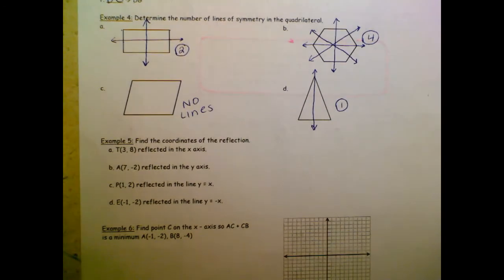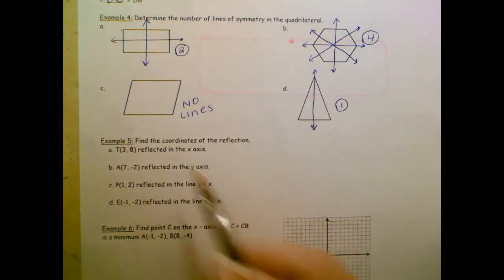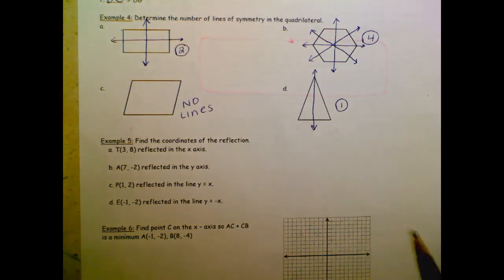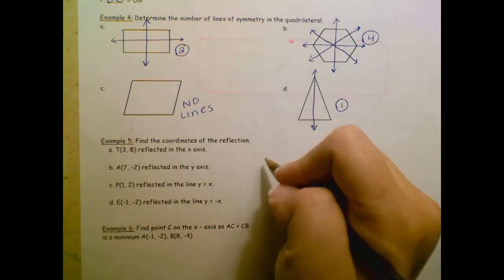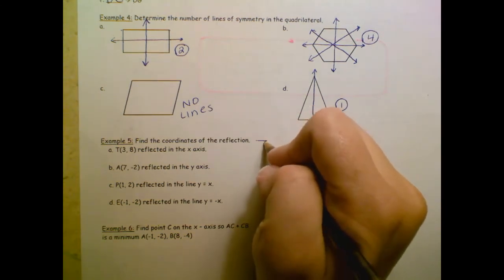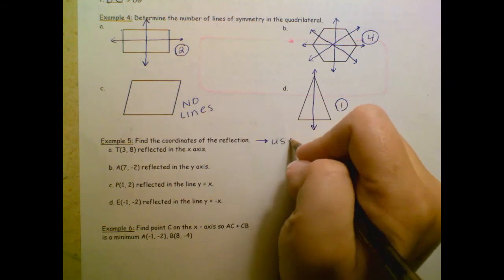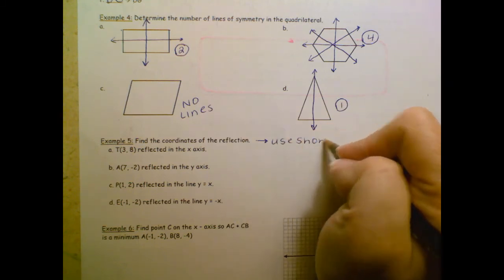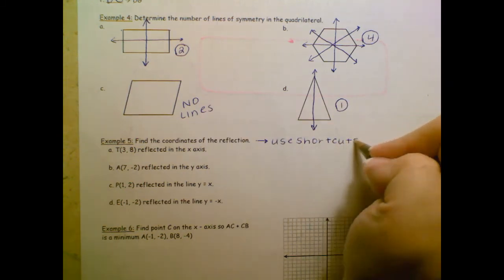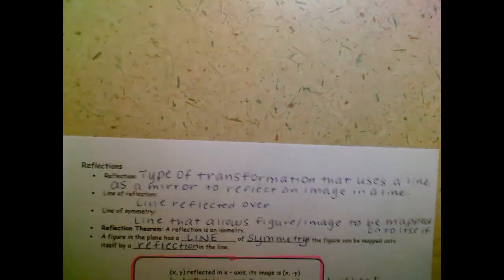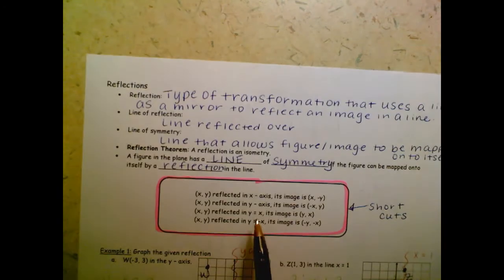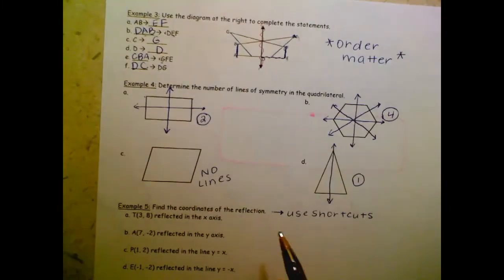All right, looking at example 5, because I don't have a graph, so I can't really do my counting method like I did on the front of the page, I'm going to use my shortcuts. So I'm going to use the front of the page where I highlighted, I'm going to be using those shortcuts.